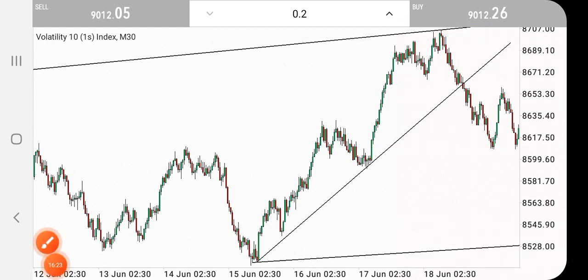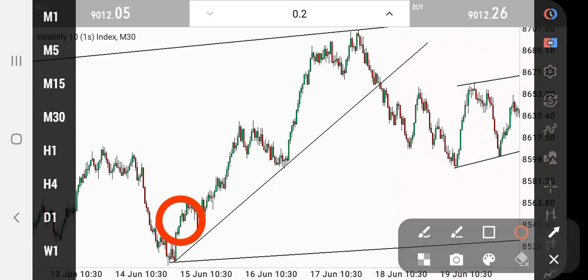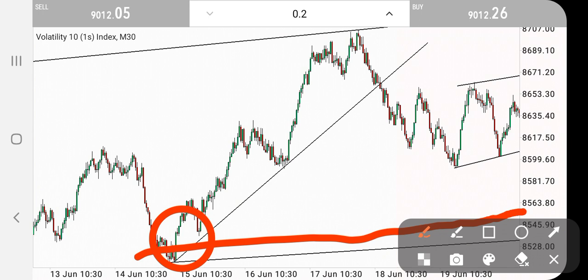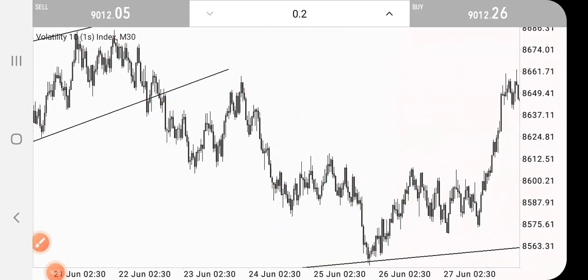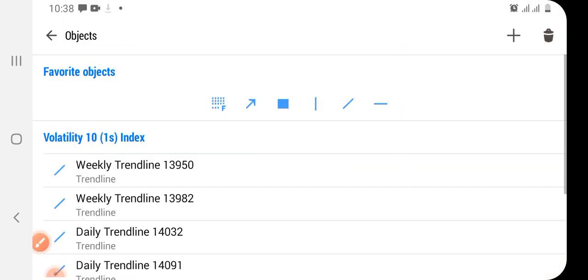Let's say you were targeting this lower point here as your take profit. You see the market will just move up before coming to hit your TP.